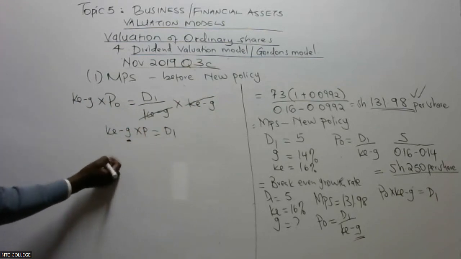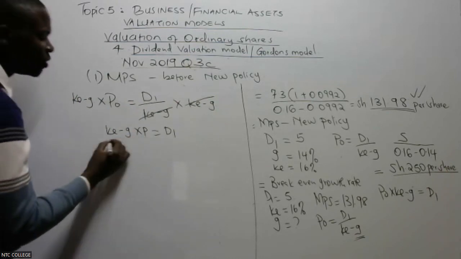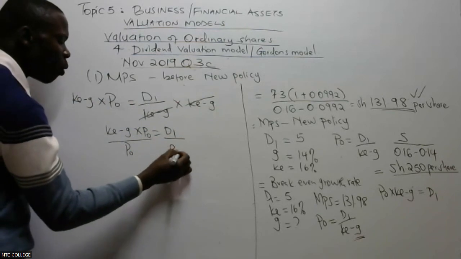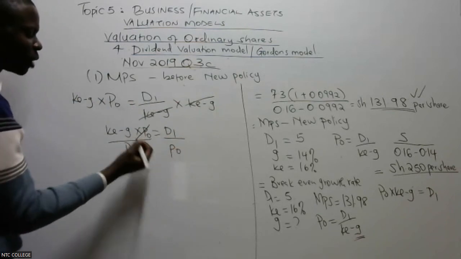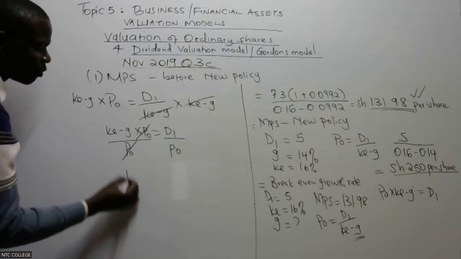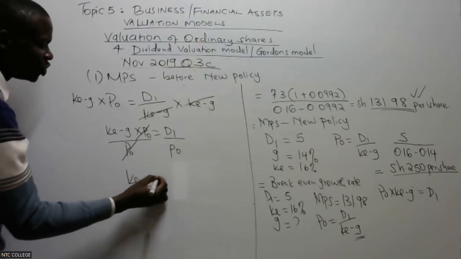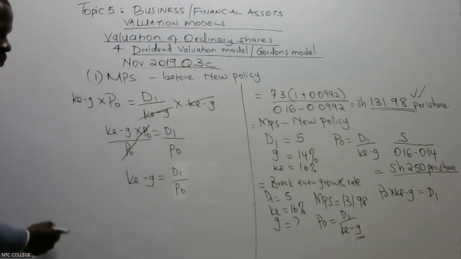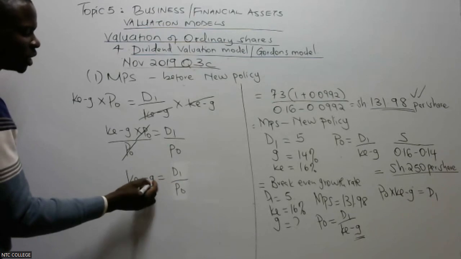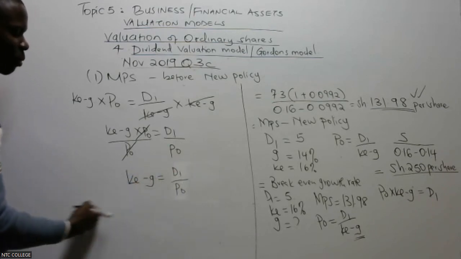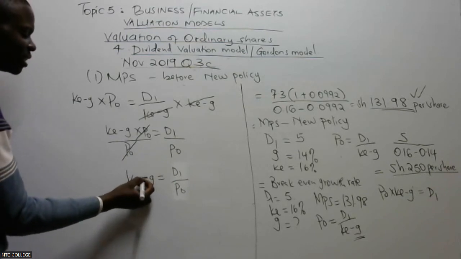Remember we want G to remain as the subject. So we divide both sides by PO. And this one will go away, and therefore we shall remain with KE minus G is equal to D1 over PO. Once we've done this, the G is on your side, then these other values will come to the other end because of the negative sign.